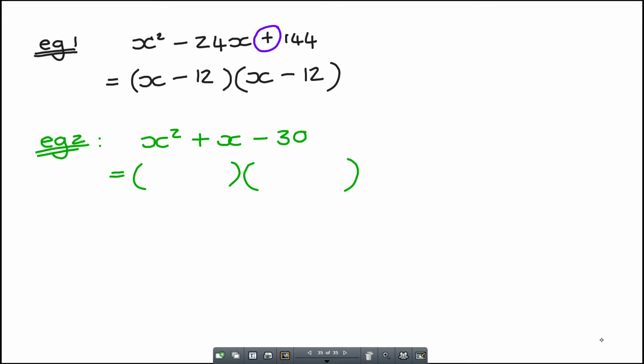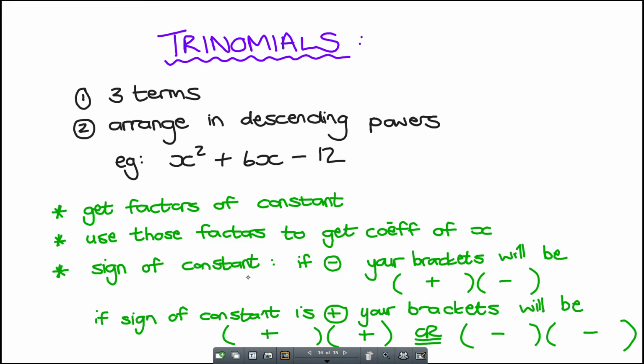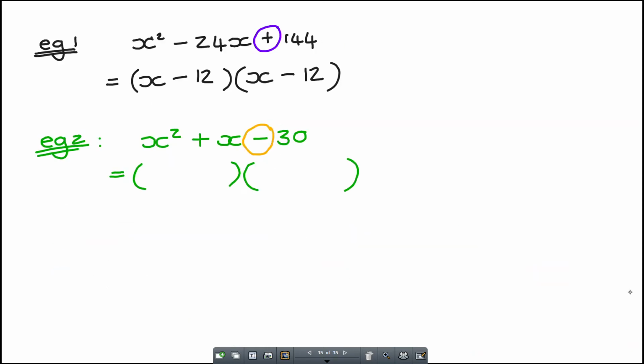Because that sign is a negative, it will be what? Have a look. Sign of constant. If it's a negative, your brackets will be a plus and a minus. So I immediately knew I'm going to have x plus something and x minus something.